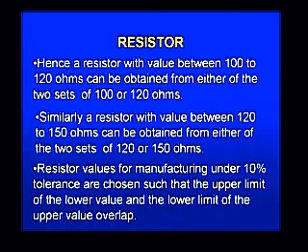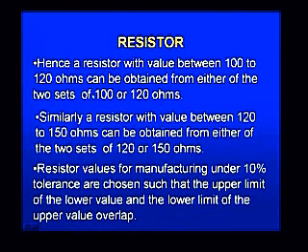That is the reason why you have different numbers like 47, 33, 22, etc. coming into the manufacturing of resistance. So hence a resistor with a value between 100 ohm to 120 ohms can be obtained from either of the two sets of 100 ohms or 120 ohms.